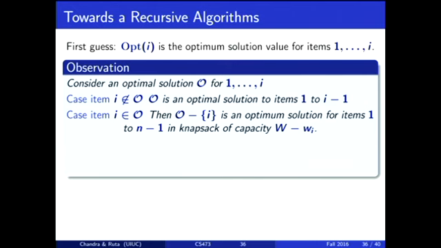Okay? Okay, so you see, if you try to write the recursion for this, you realize that in one case, you are getting a sub-problem which involves only the number of items going down, right? In the other case, you are getting a sub-problem where the number of items is going down as well as the size of the knapsack. Okay?